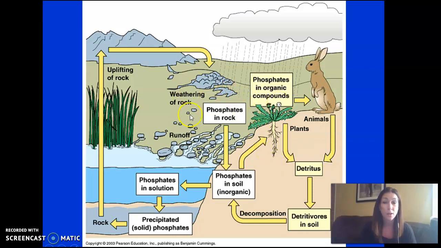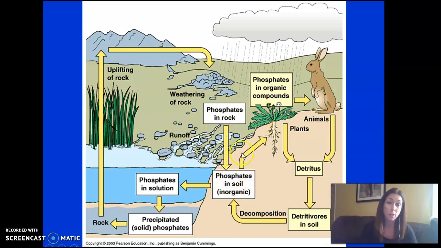Once it's in our soils, it can then be exposed to erosion. It can make its way into our waters. If you remember, phosphates are one of our key nutrients that, because it's limiting, when it's added into our water systems through runoff and erosion, will often lead to eutrophication.